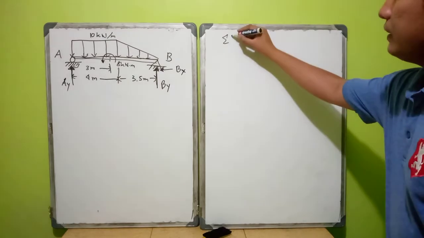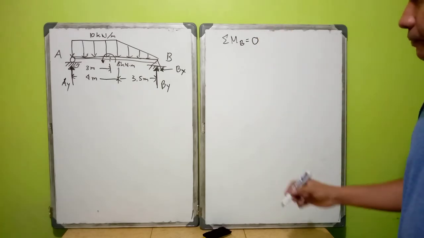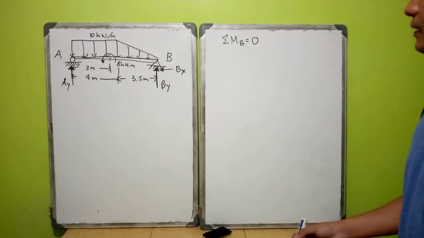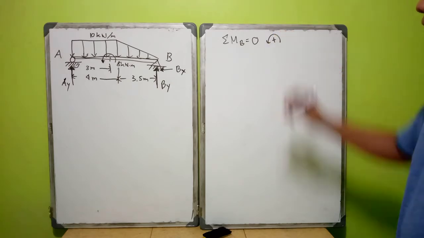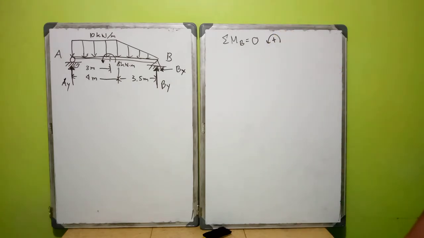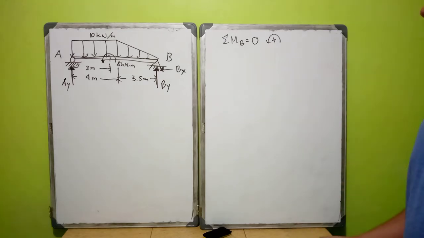Let us say summation of moments at B is equal to 0, with counterclockwise as positive.